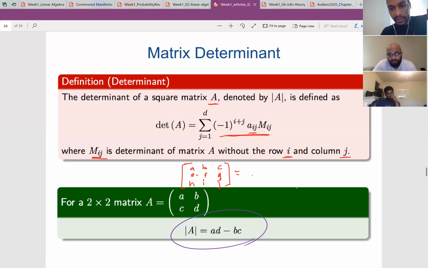It's equal to -1 to the power 1 plus 1, times A, which is A_ij, times the determinant of the matrix that doesn't include row i and column j. So that would be F, G, I, J. And then you do that for all the different columns, j.